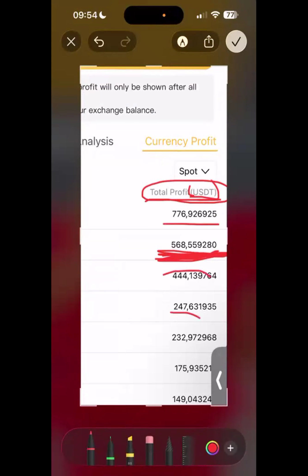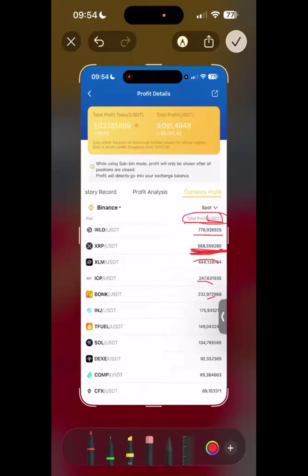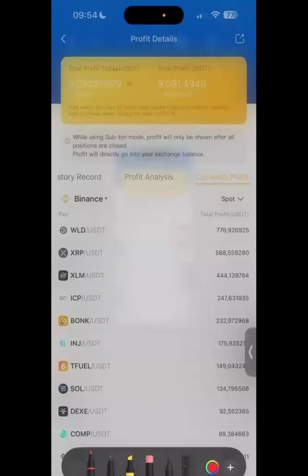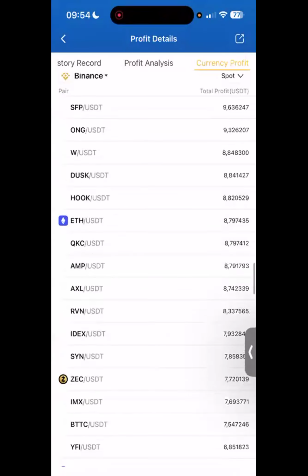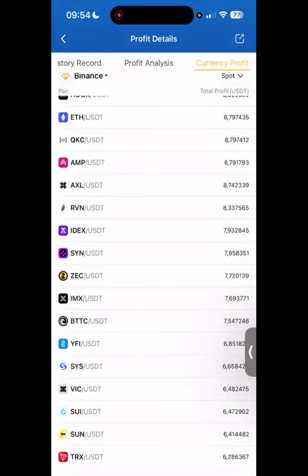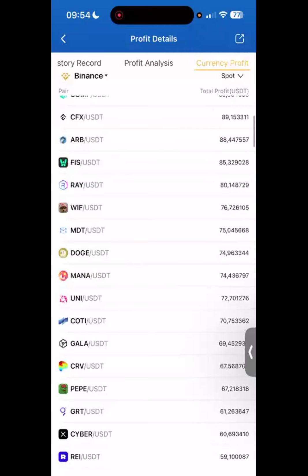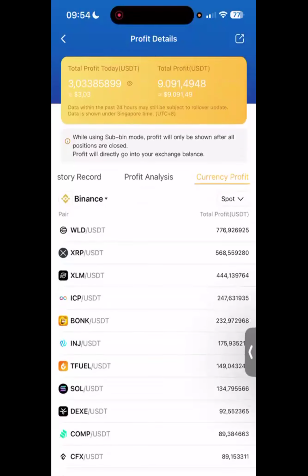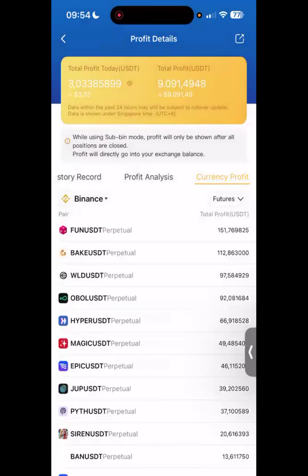So all the figures you see here are USDT. I hope that is clear. So you can scroll through it to see all the profits you made from the respective coins you traded in the past. All right, if it is futures, you switch to futures to get the desired result. I hope that is clear.